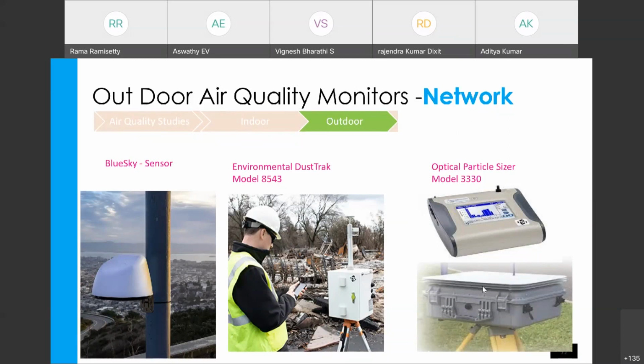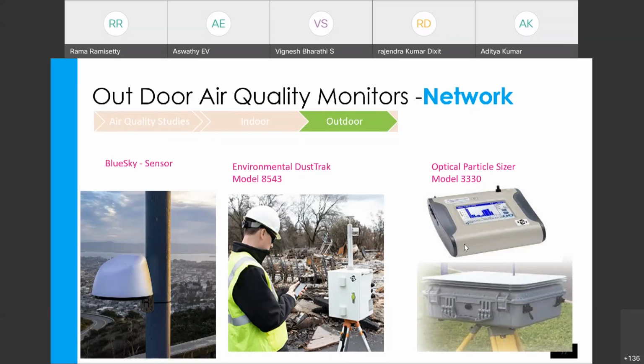In most of the cities, people are using satellite data to announce these kinds of things. Many satellites can give day-to-day data of the aerosol optical depth. Based on that, by doing some modeling, you can get PM 2.5 or PM 10 values, but that is not very accurate.